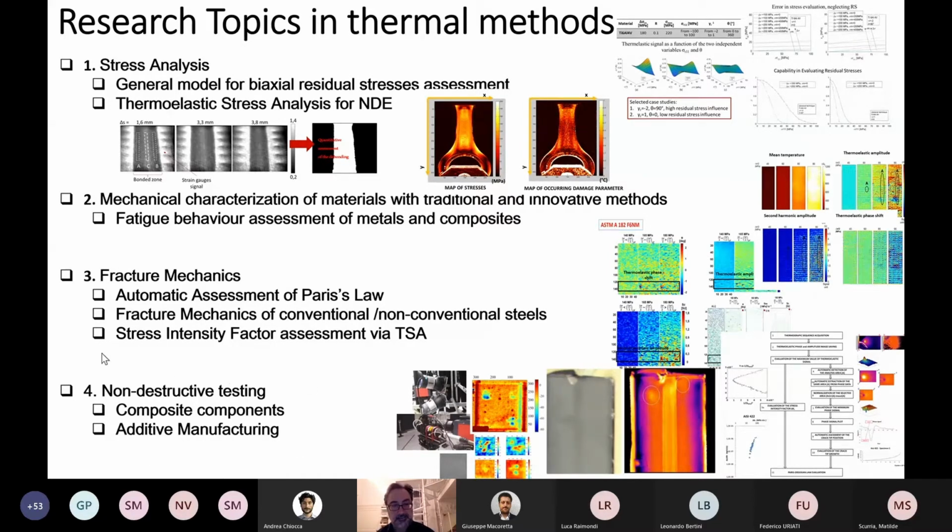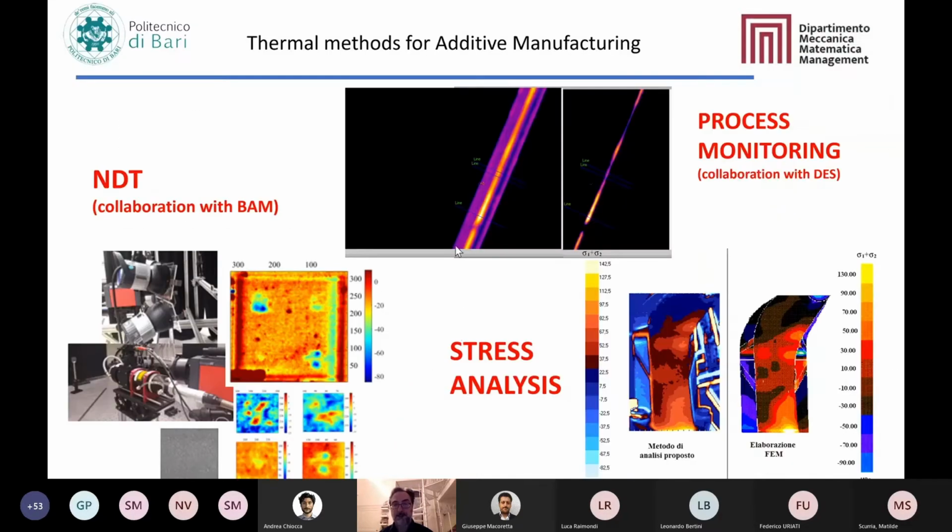A lot of non-destructive testing, some in composite components, a lot in composite components, but lately, in the last 3 years, also in additive manufacturing. Especially in additive manufacturing, we are collaborating with BAM of Berlin to study the feasibility of thermographic NDT to analyze what's happening in an additive manufacturing component.